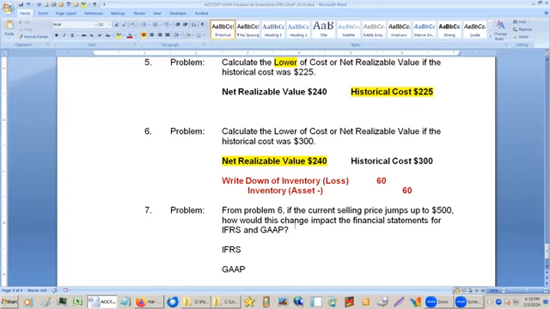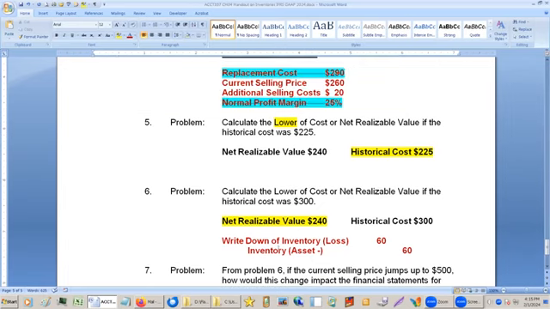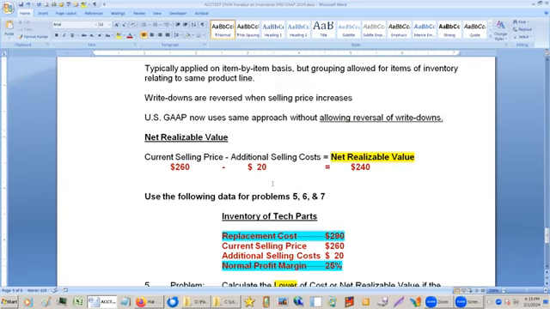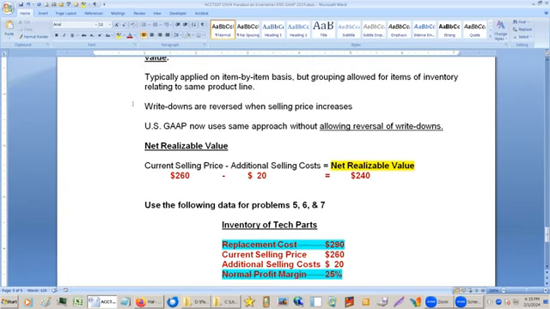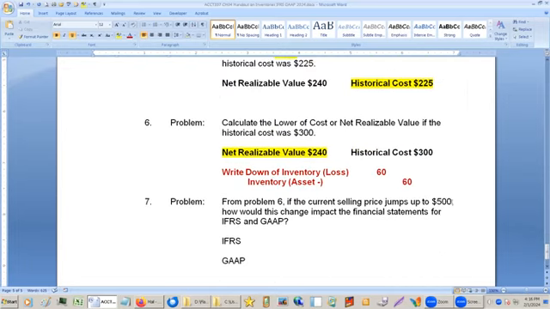All right, now for international standards, write-downs are reversed when the selling price increases. So coming down here, what if the selling price jumps to 500?